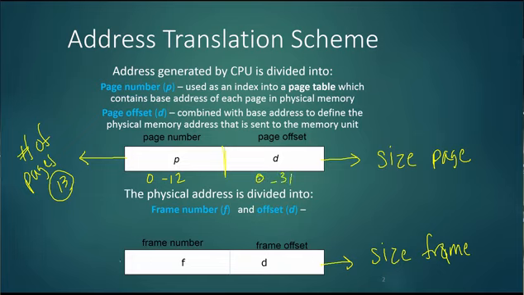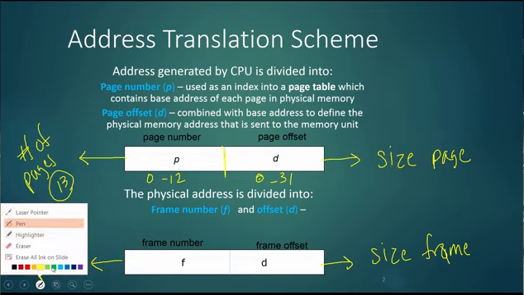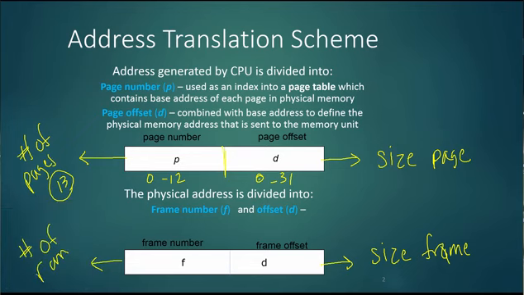And here is my frame. So this is the number of frames, which in this particular example, we have 16 frames. So the frame number is going to be between 0 and 16, and the offset is going to be between 0 and 31.